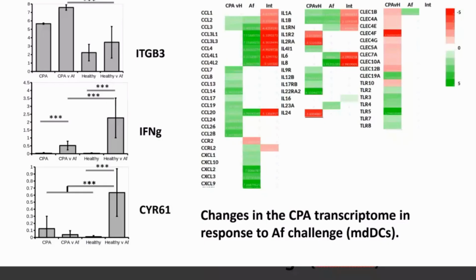Lots and lots of changes, but none of these have genetic differences in them. The levels of them change dramatically, but it's not actually them. They are being controlled from somewhere else. And we think that the master control is coming from this ITGB3 and CYR61 pairing. And they're proteins that are involved in tissue repair, scarring, and regeneration of tissue. So every time you cut your finger, these proteins will help you heal.